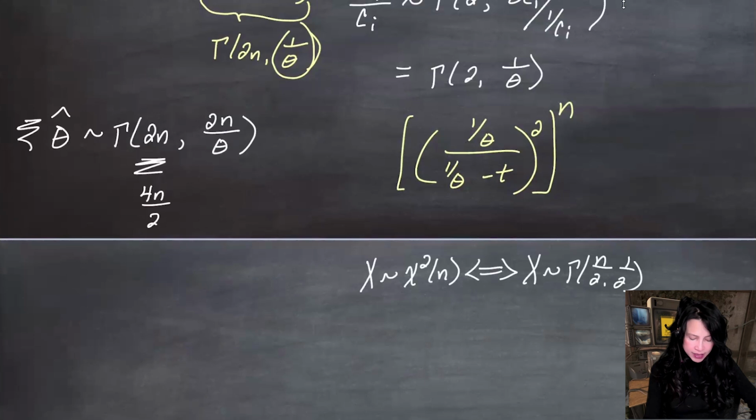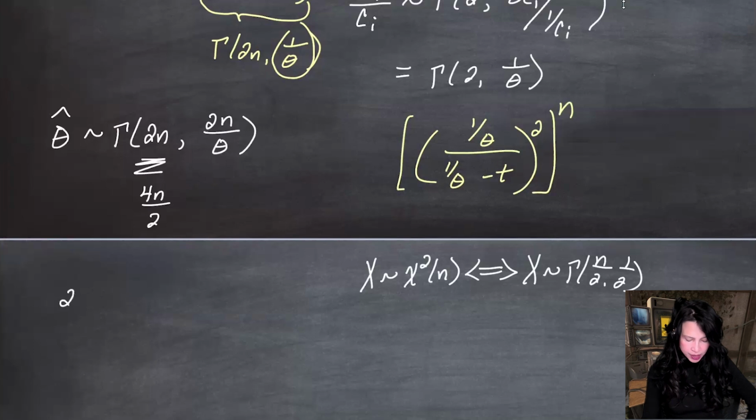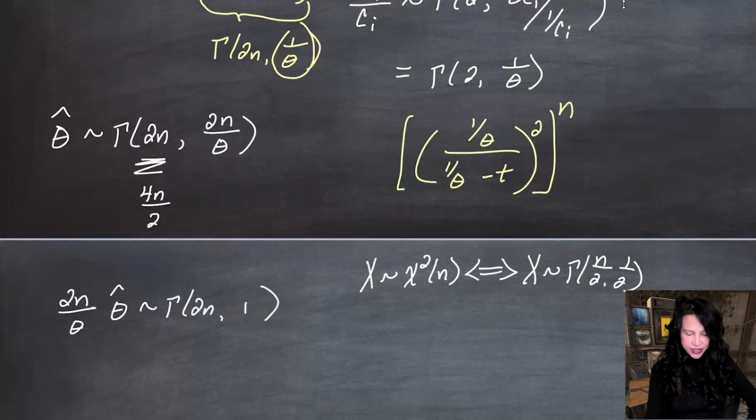If I multiply by something over here, it ends up underneath this. So, you probably want to do this all at once, but if I multiply by 2n over theta, I get a gamma 2n, 1. That's just to get rid of this, but we also want a 1/2 there. So I need to multiply by another 2 to get that there.